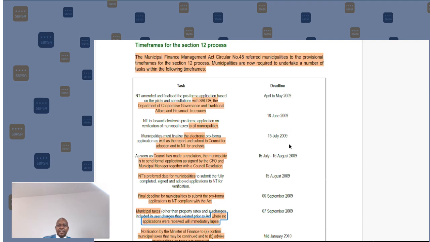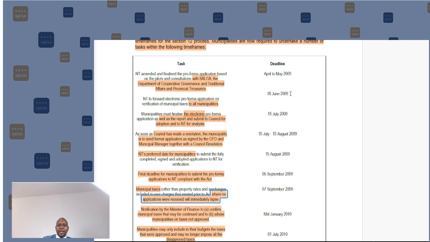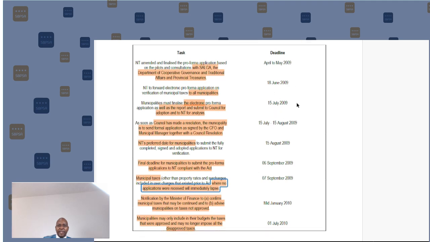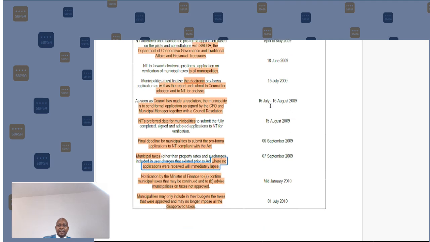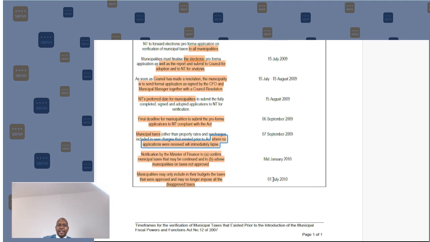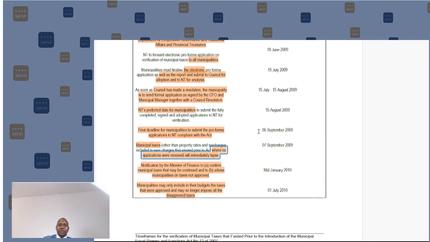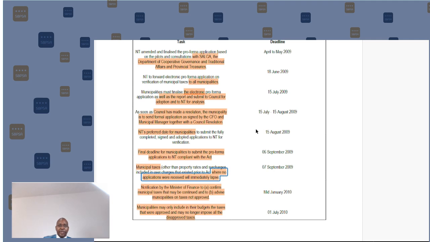Then a task must be done 18 June 2009. Then 15 July 2009. 15 July to 15 August 2009. Then 15 August 2009, 6 September 2009 and 7 September 2009, and mid-January 2010 and July 2010. There were tasks that needed to be done in all of those specific periods.